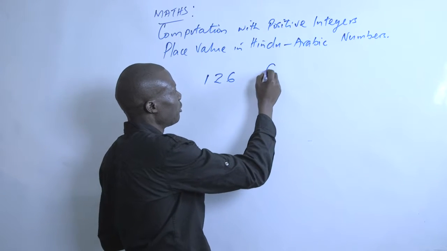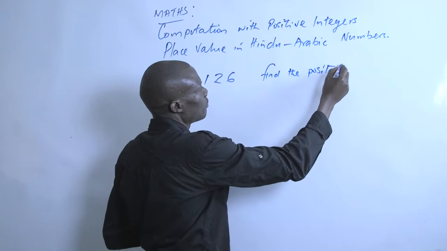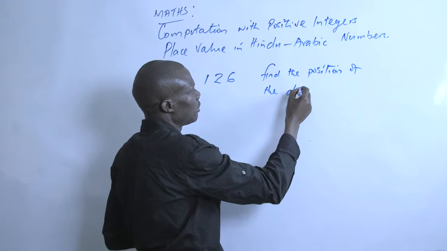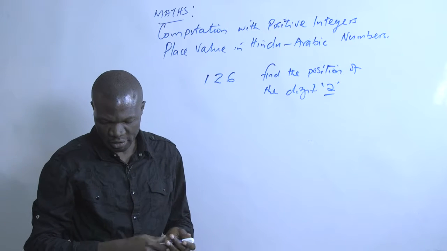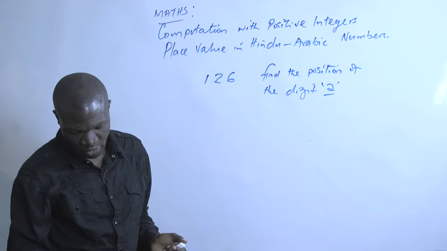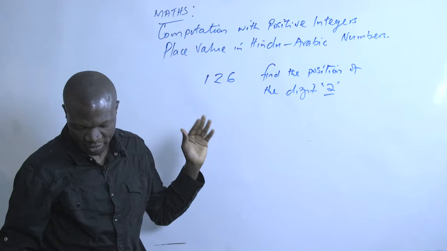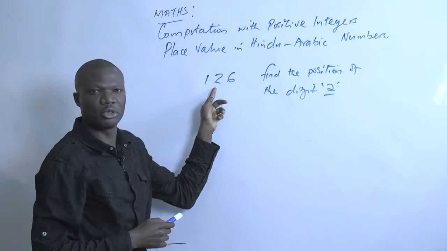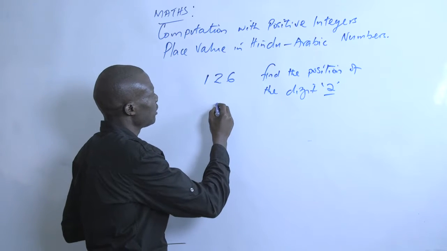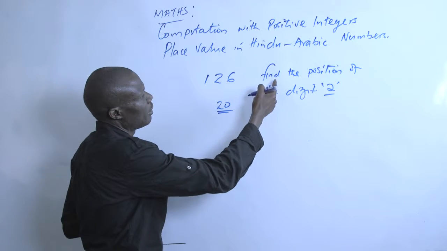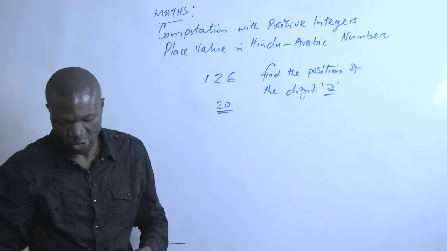We want to find out the position of the digit 2. You realize that this is 126, but when we pick only 2, its value is taken to be 20. The value of the digit 2 in this position is 20.